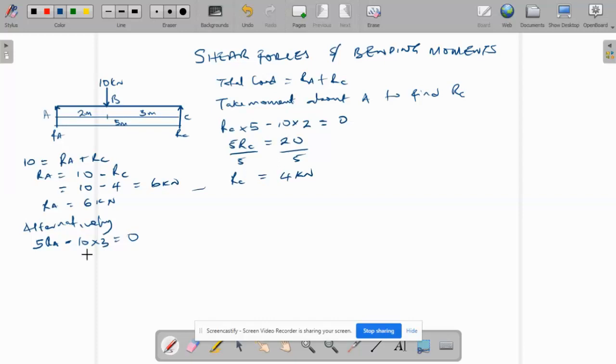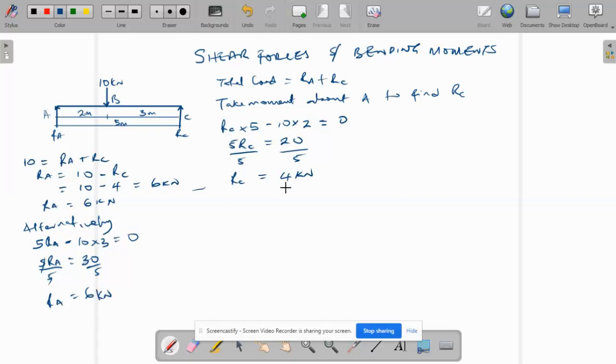Taking this to the other side, 5 reaction A will be equal to 30. We divide by 5, so reaction A is equal to 6 kilonewton.